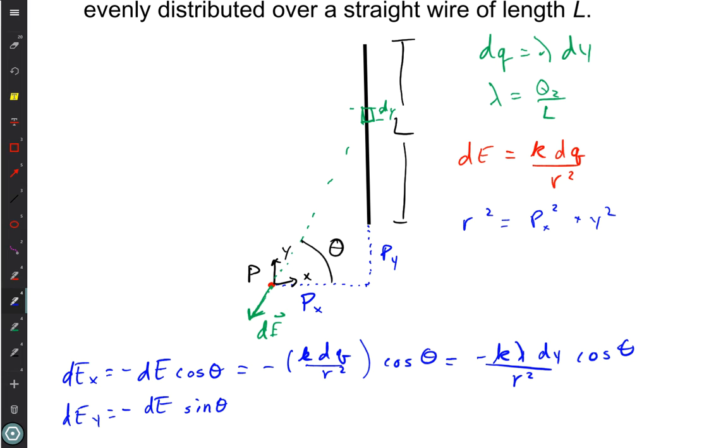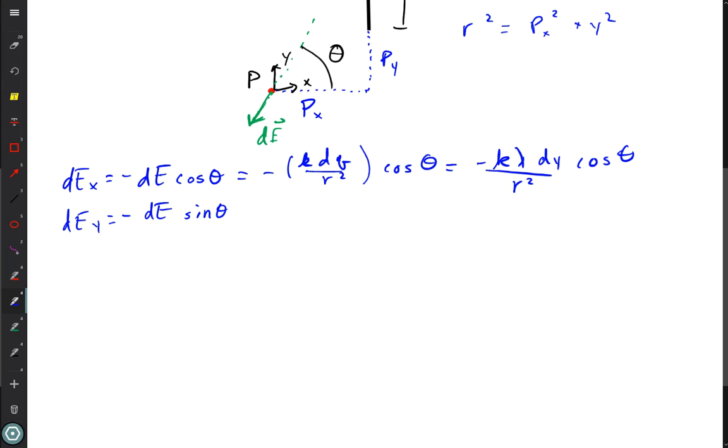So that's going to add in another r, but we've already done the r substitution. And then we already have the y. So if we put it into y, dEx in terms of y is equal to minus k lambda dy over px squared plus y squared to the 3/2 power, and there's a px on top.